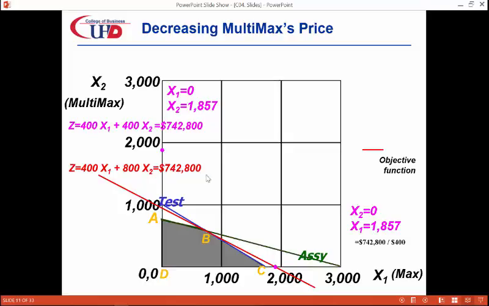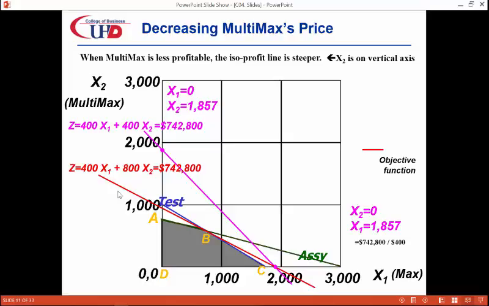Clearly, it is above the red line. Now we can draw the updated ISO profit line in pink. It shows that when Multimax is less profitable, the ISO profit line is steeper. This is because we put x2 as the vertical axis. A lower margin means a higher intercept.